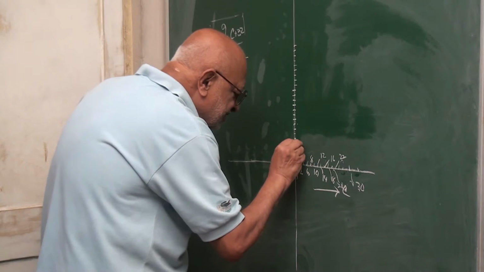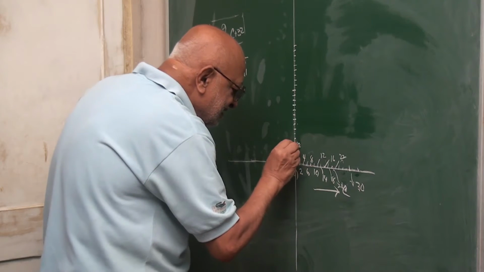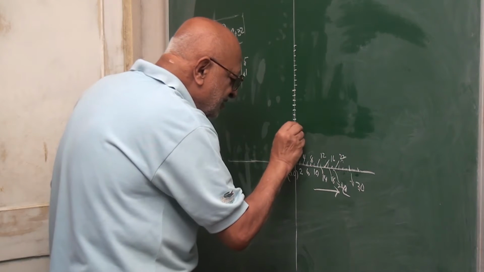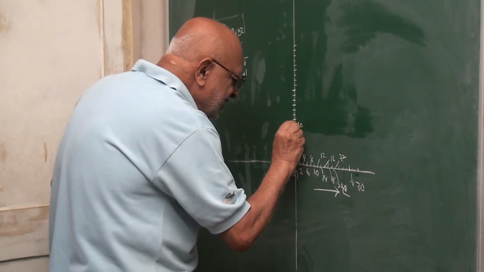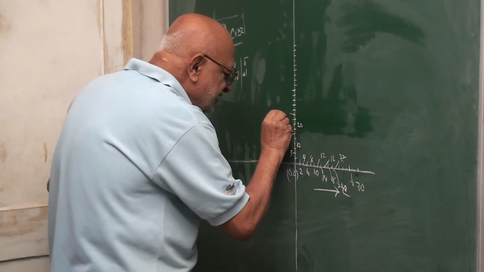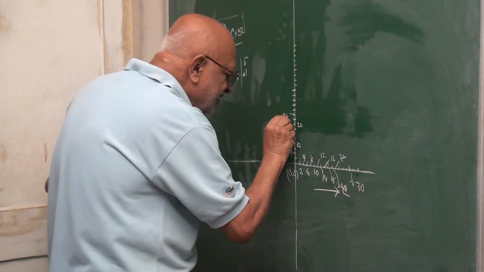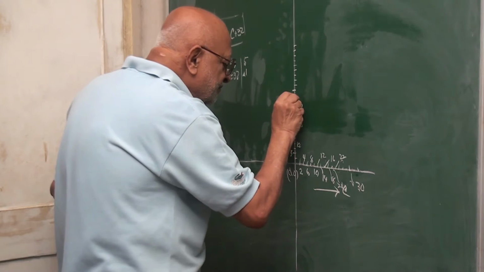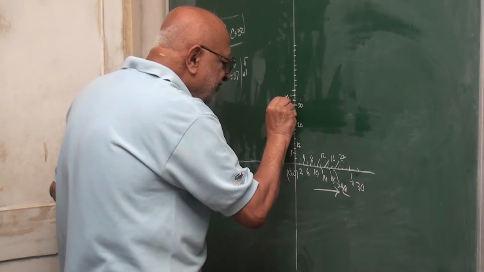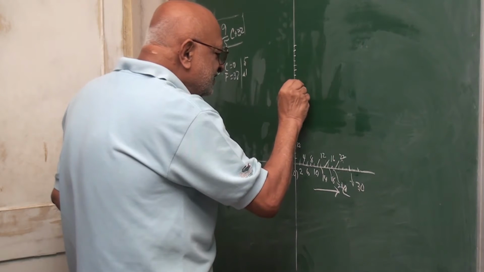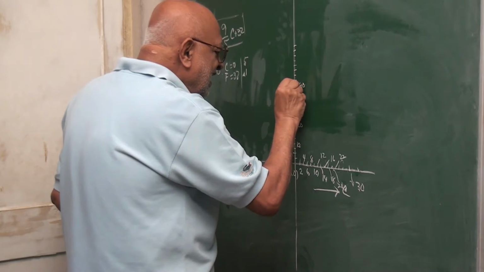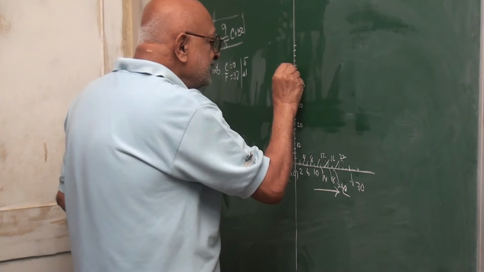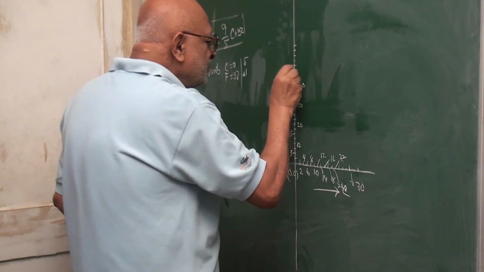So 1 to this point is 10, then this point is 15, this point is 20, this point is 25, this point is 30, this point would be 35, this point is 40, and this point is 45. This point is 50. We'll go a long way.